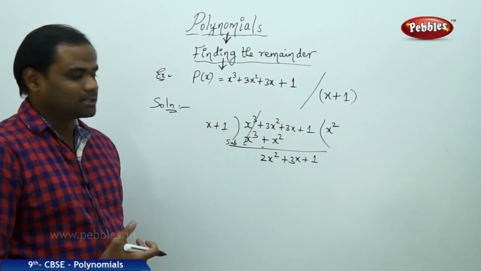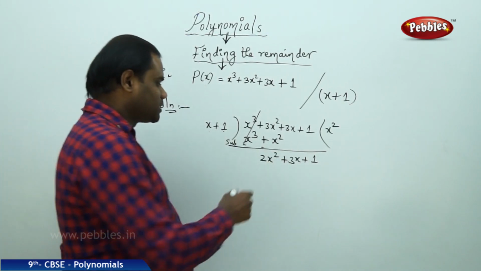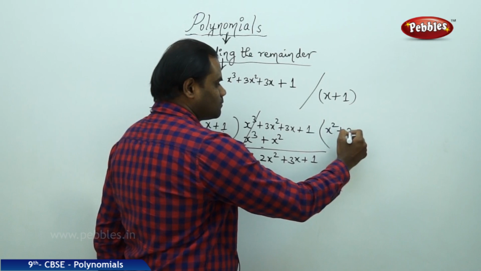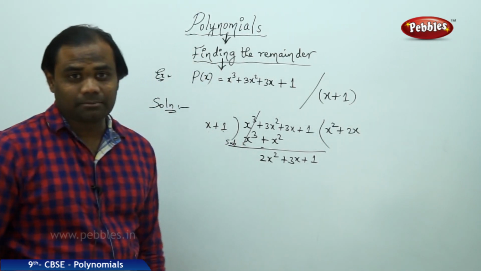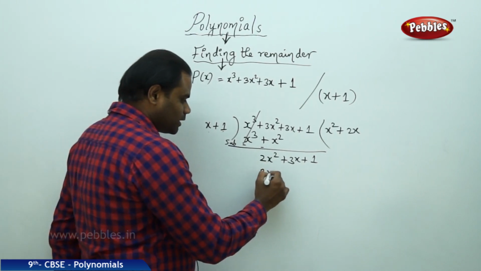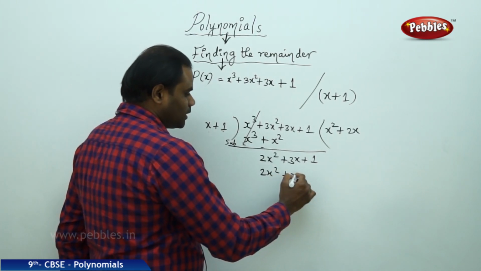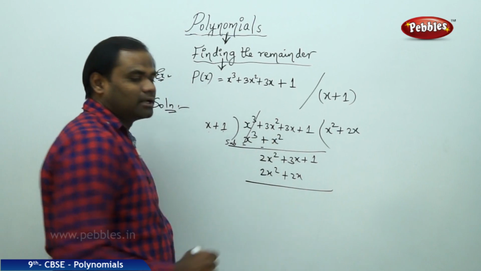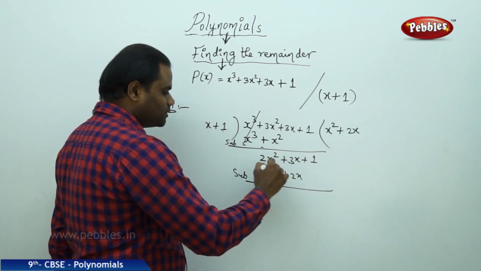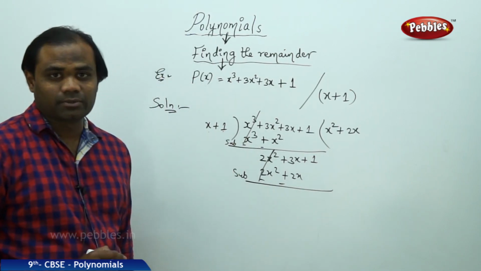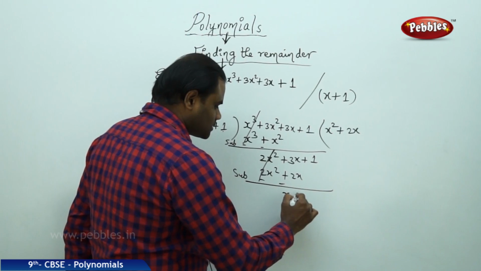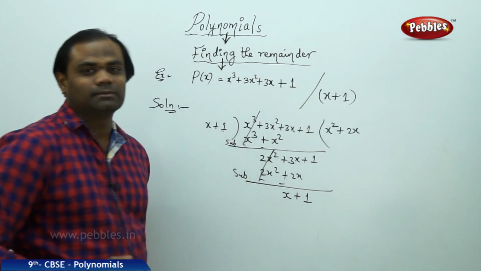Continuing in the same process, I have 2x squared, which can be obtained by multiplying x with 2x. So the quotient gets added with 2x, which when multiplied with x gives me 2x squared plus 2x. On further subtraction, with change of sign, 2x squared and 2x squared get cancelled, and 3x minus 2x is x plus 1.